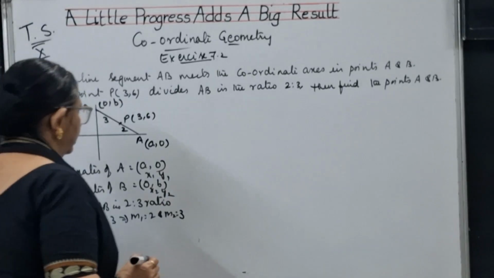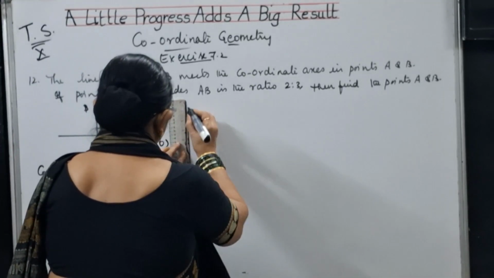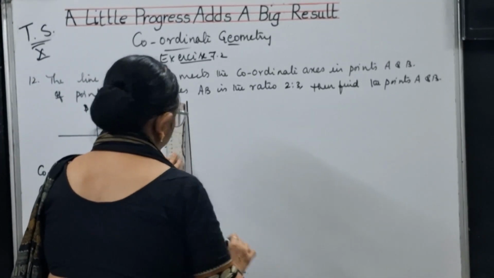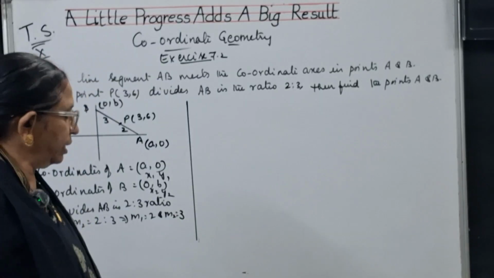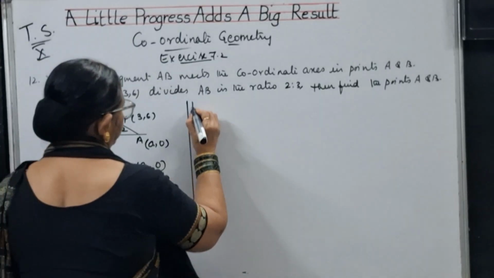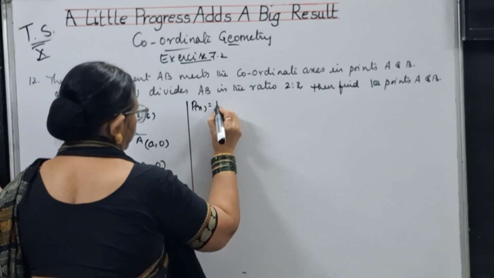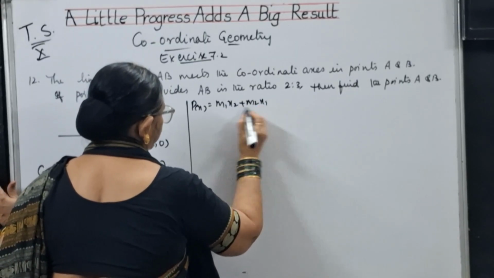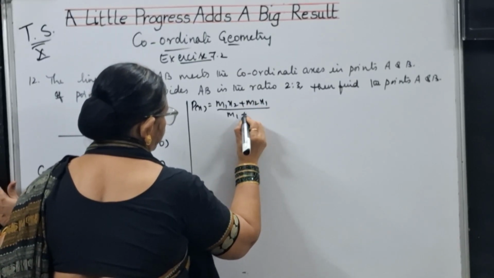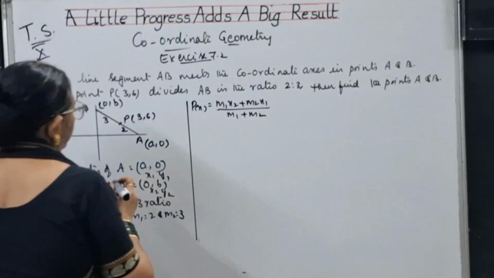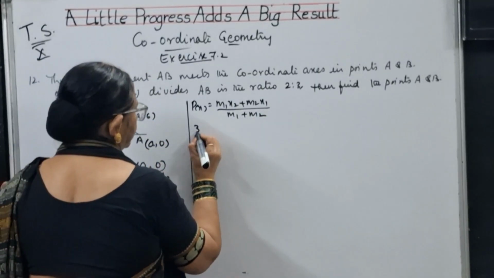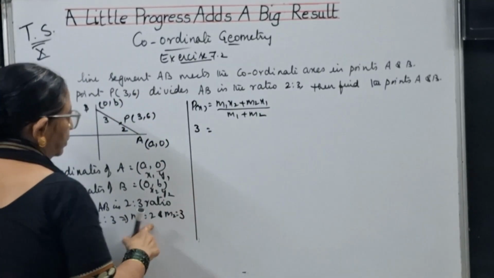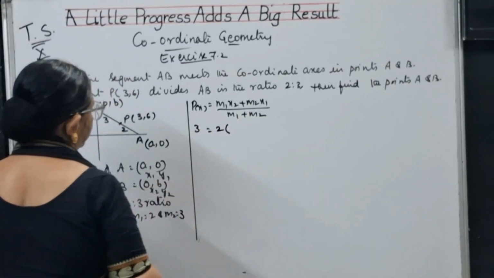Now, let us go for P of x. What is P of x? P of x is equal to (M1 x2 plus M2 x1) by (M1 plus M2). P of x, the x coordinate of P, is 3, which is equal to M1 is 2 into x2.